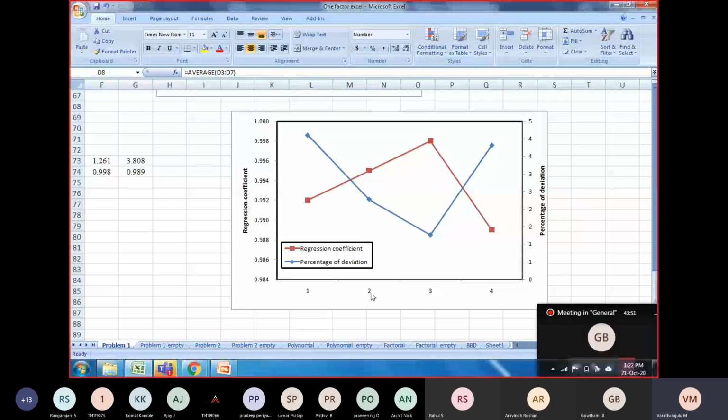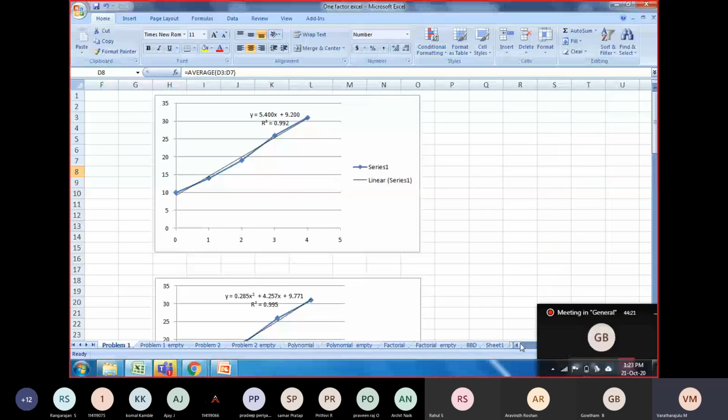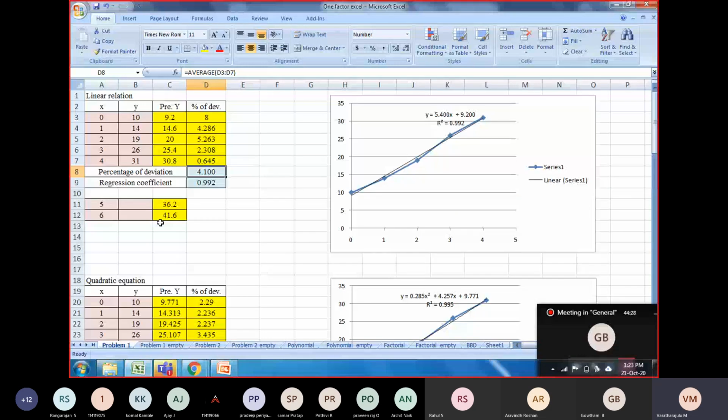See, we have the higher R square value in the third case, that is, the cubic model has the greater R square, and that is why the same model has the least percentage of deviation. Therefore, the suggested mathematical model in the present study is the cubic mathematical model. During examination or manual calculation, it won't be necessary. It is enough that you do it with a simple linear mathematical model for your examination.